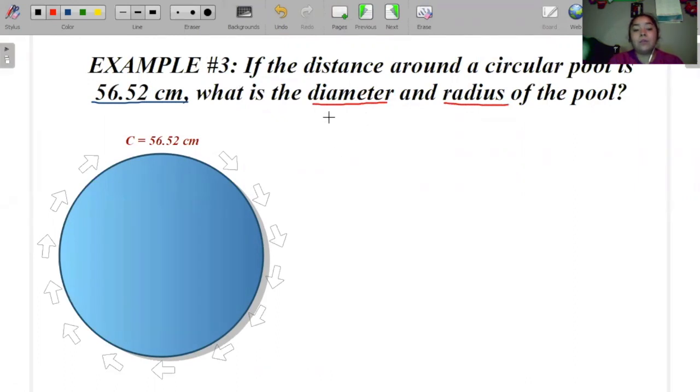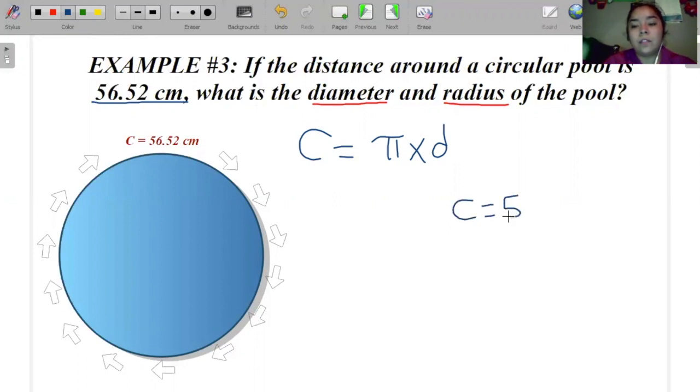For this one, we can use either of the two formulas that we saw in the last two examples. I'm going to use C is equal to pi times D. So what values do we know? We know that C is equal to 56.52 centimeters.